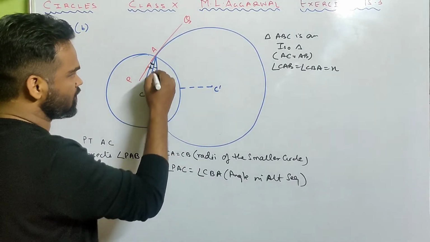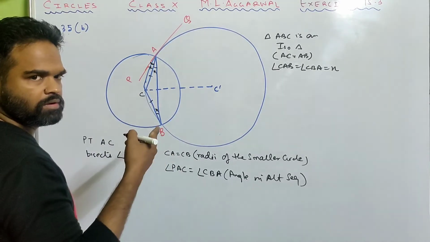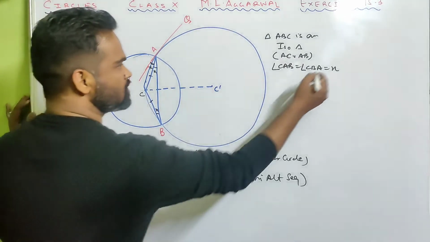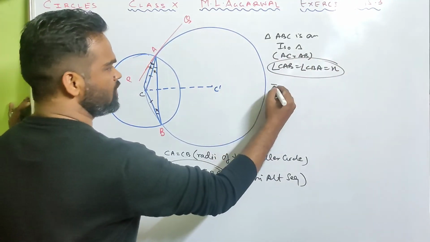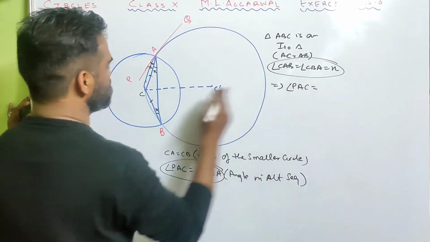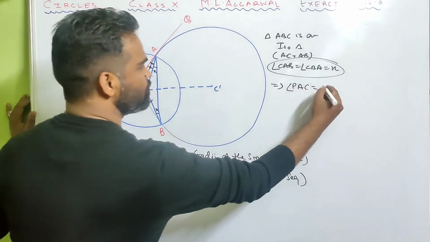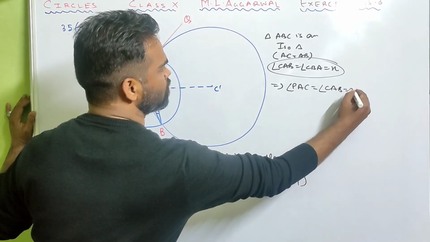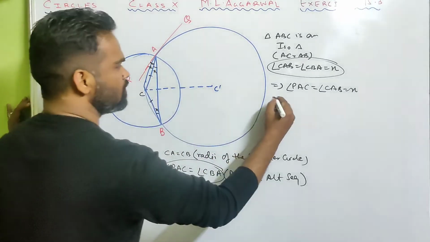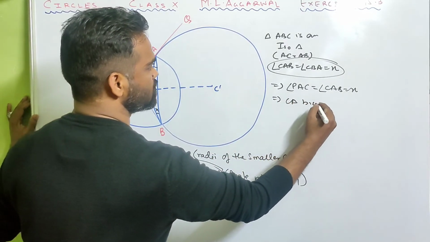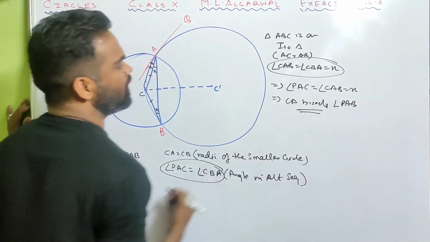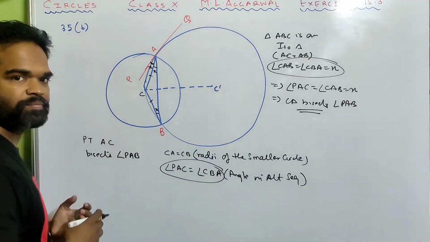Now from this and this, angle PAC is definitely equal to CAB, X. From these two, CA bisects angle PAB. Done, because both the angles are equal.